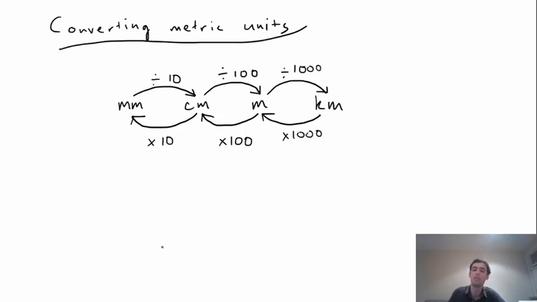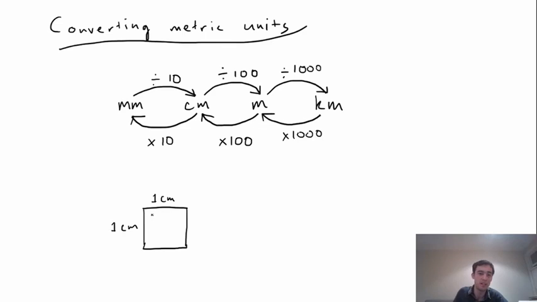Now if we wanted to convert units of area, it gets a little bit trickier. I'll show you what I mean. Let's say we have 1 centimeter squared, which is a little square with 1 centimeter on one side and 1 centimeter on the other side. How many millimeters squared do you think there are in here?